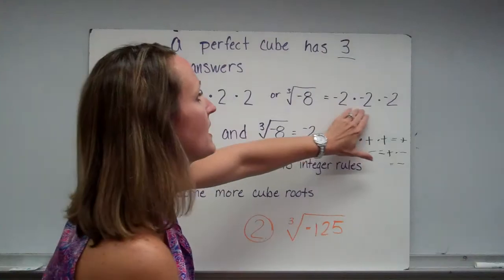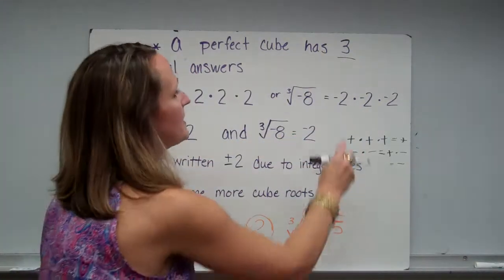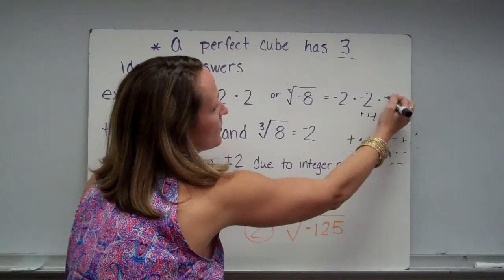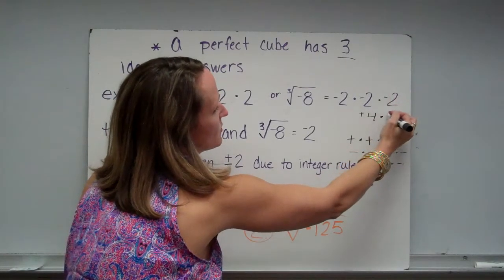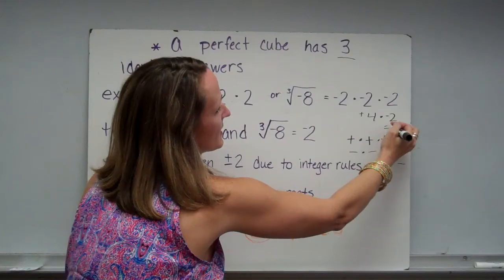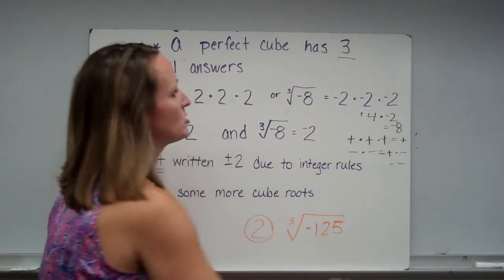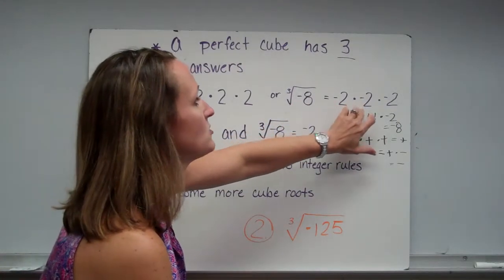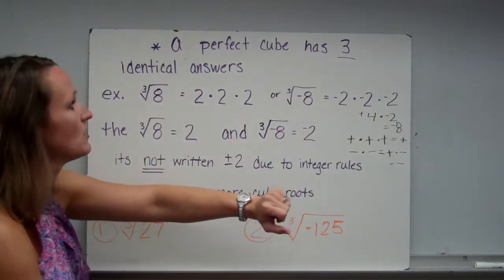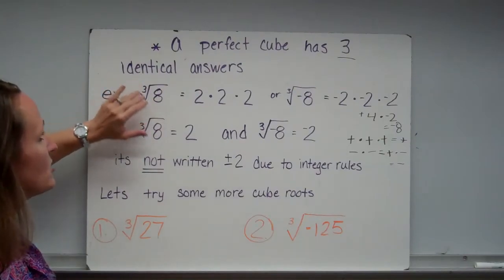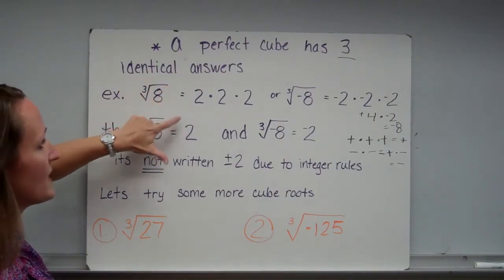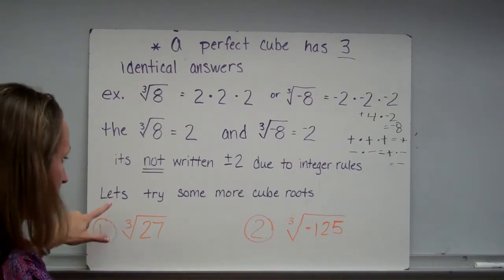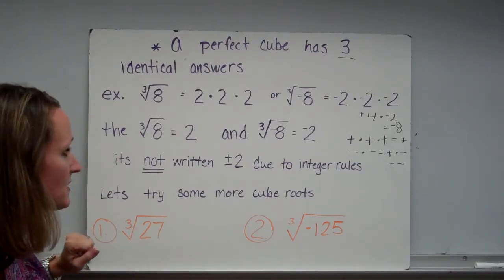So 2 times 2 gives me positive 4, and when I multiply it by this other 2, I get my negative 8. Which is why the cube root of negative 8 is negative 2 times negative 2 times negative 2. But that's also why the cube root of positive 8 cannot be positive or negative 2. Hopefully that made sense.